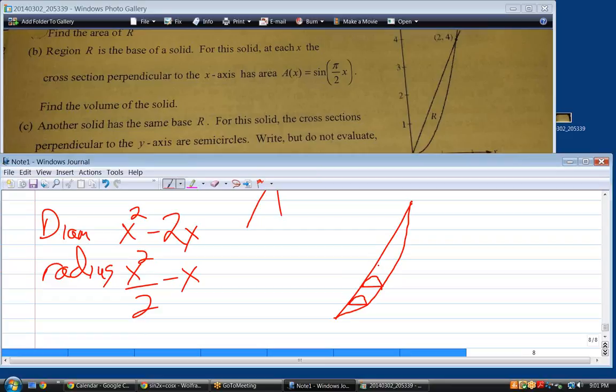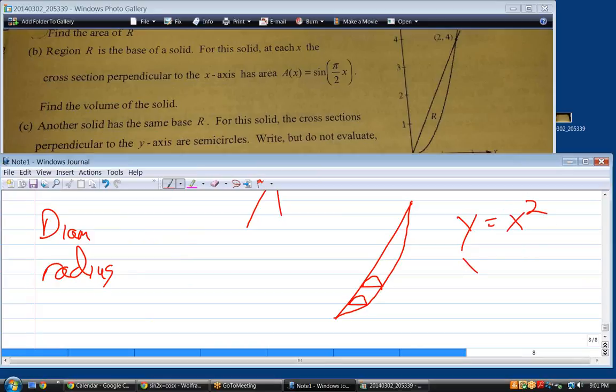So then, you see what the problem is already? I've defined my radius as a function of x. Oh, and it's in y. So we got to switch the equations around. If y equals x squared, then x is equal to, we're first quadrant only, so I can just say square root of y.